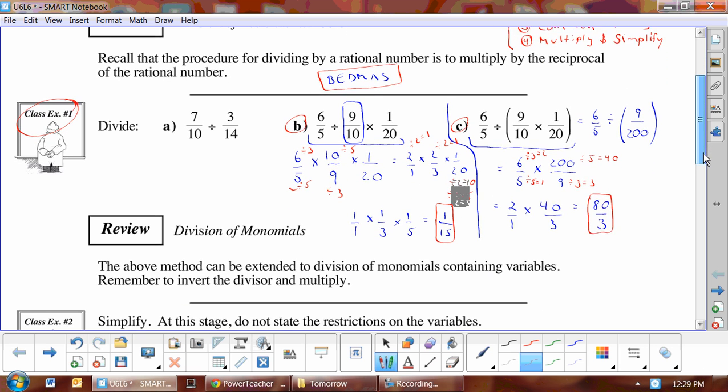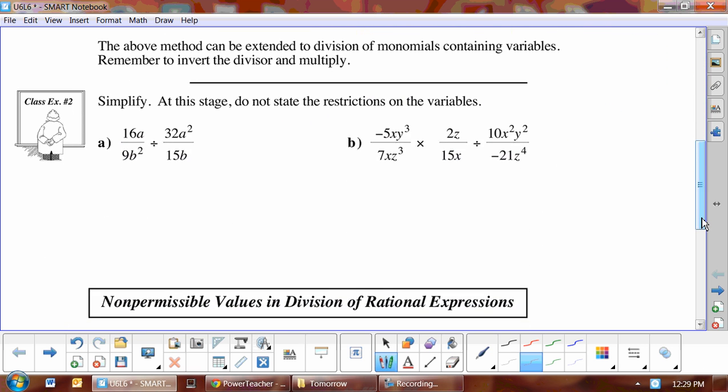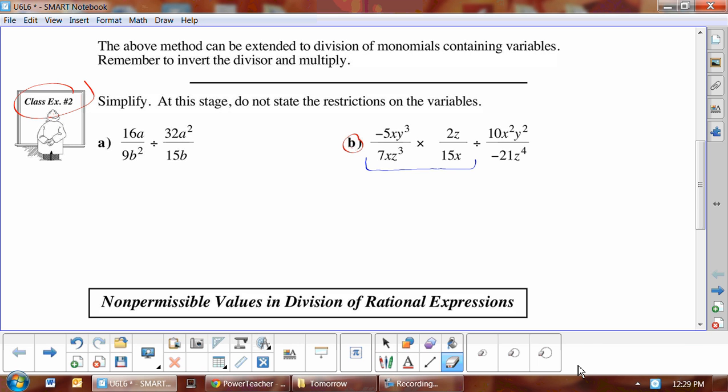Okay, so we're going to keep trucking along and work with monomials that have variables now. So we are just going to do B. Okay? So because of our order of operations, we want to work from left to right. So first things first is we're going to be working with these.